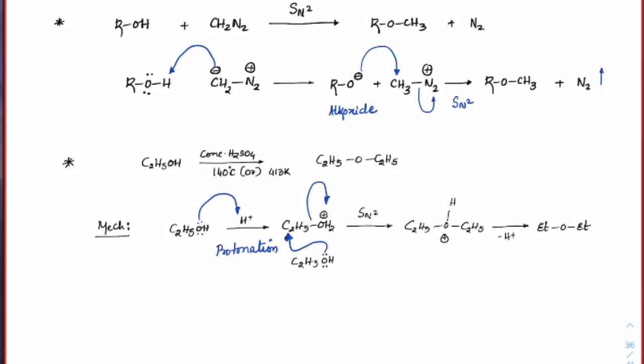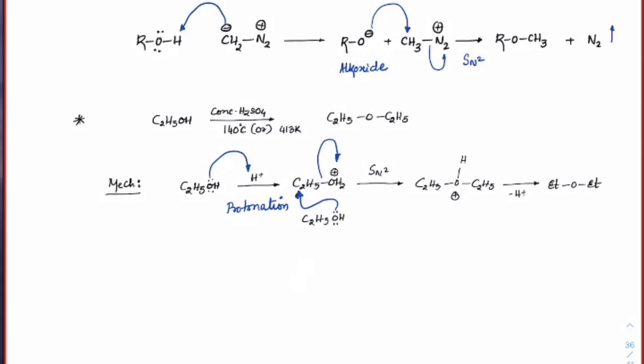H2O will come out as the leaving group, and if this is not bulky enough, or rather if it is primary or methyl group, then we would usually get an SN2 reaction. But if it is secondary or tertiary, we will go for an SN1 reaction, which means first a carbocation is formed and then ethanol will attack on it. So you would see this reaction is happening by SN2. So we will get this, and then the deprotonation step is done.